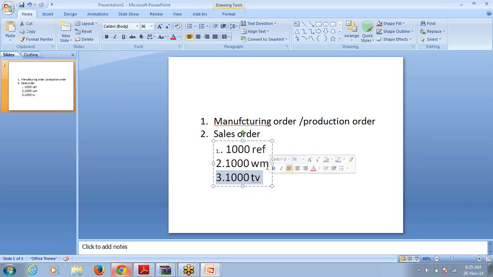In order to find the total cost of the sales order, first of all, you have to find out the cost of the 1000 refrigerators, order item number 1. The cost of 1000 washing machines, item number 2. Cost of 1000 TVs, item number 3. So each item of the sales order also can be taken as a cost object.